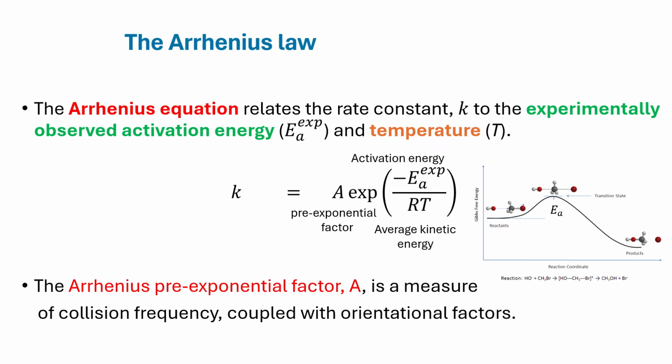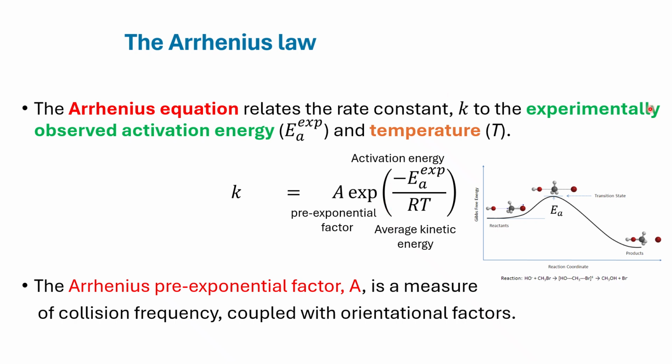In 1899, finally, a Swedish chemist named Svante Arrhenius combined the concept of activation energy and the Boltzmann distribution law into one of the most important relationships in physical chemistry.